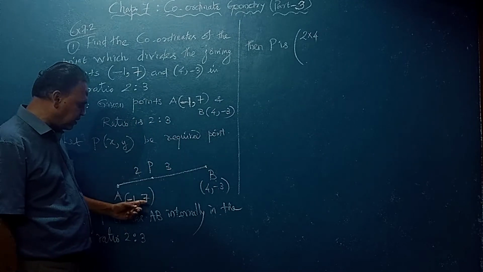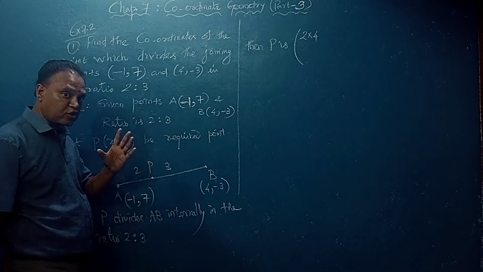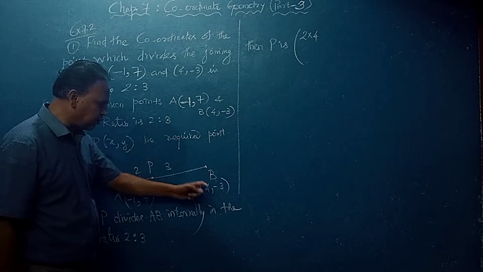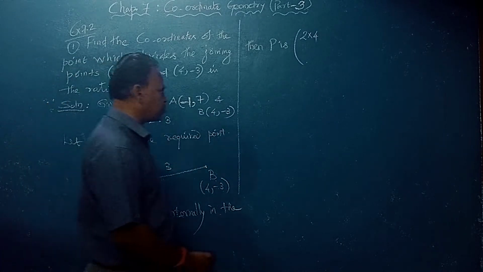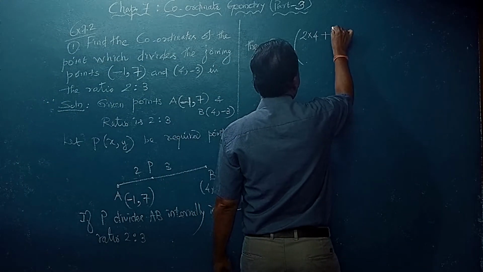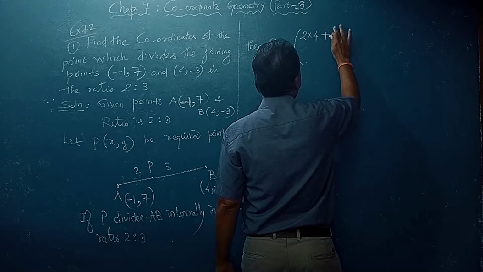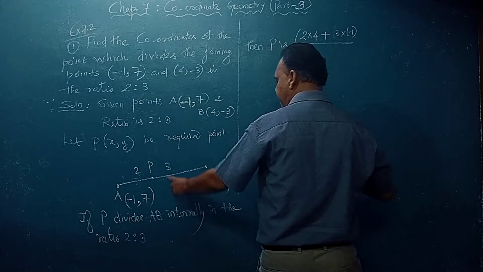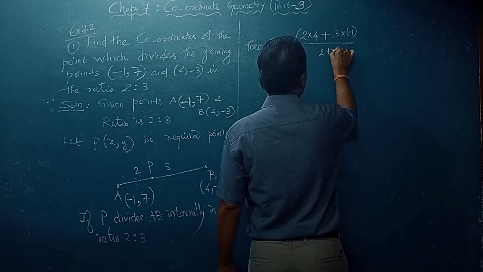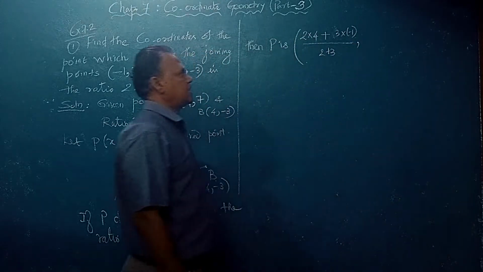Now 3 into minus 1. First writing the x coordinate, cross multiplying: 2 into 4 plus 3 into minus 1, divided by adding the ratio, 2 plus 3.